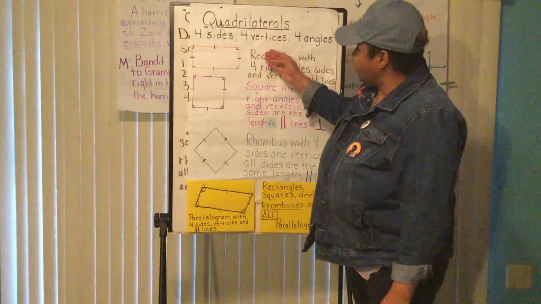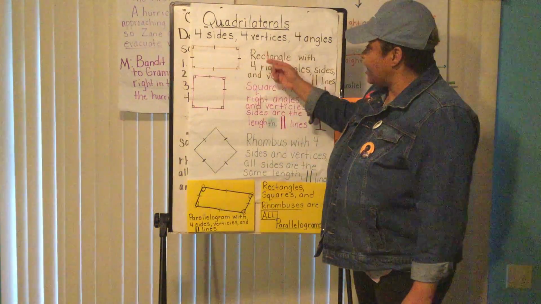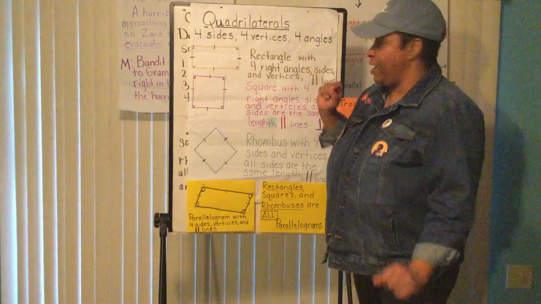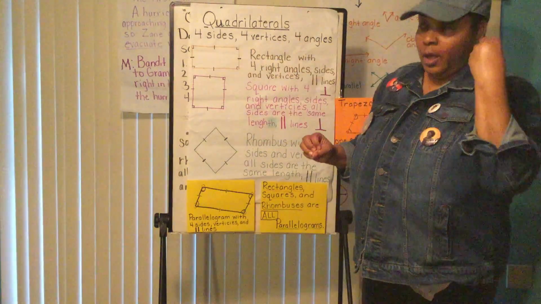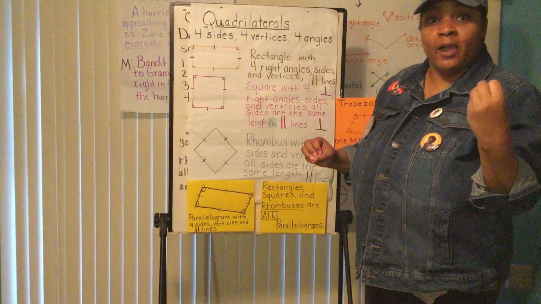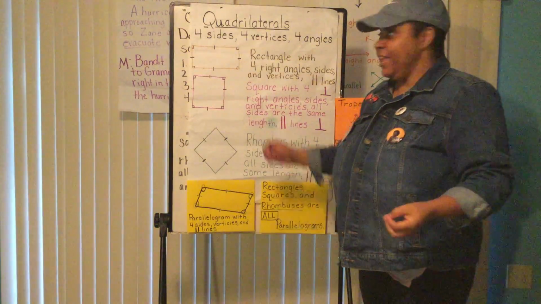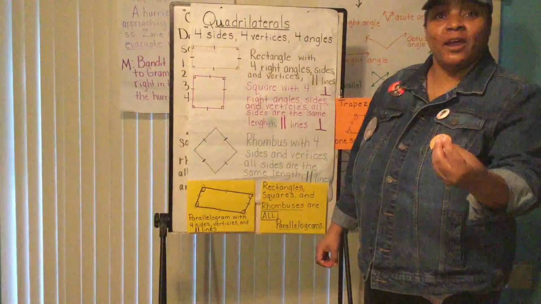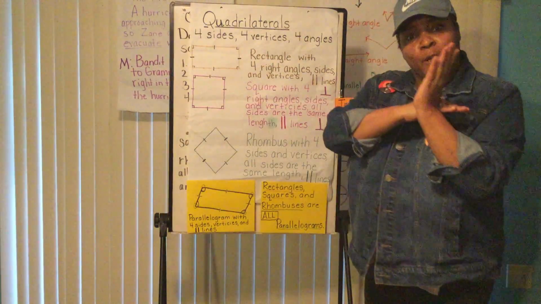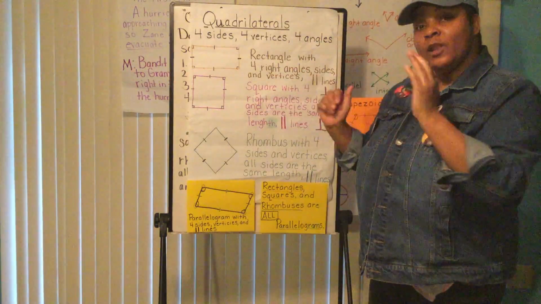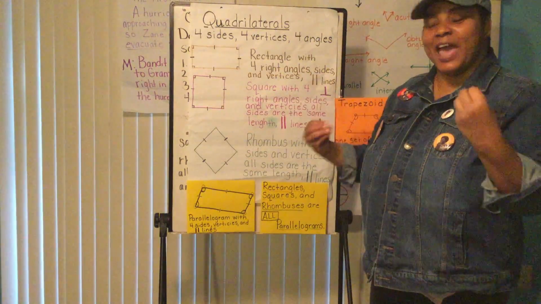So if I wanted to describe these three, I could say rectangle, quadrilateral, and parallelogram. Square, quadrilateral, and a parallelogram. Rhombus. In the family with the square, it is a parallelogram and a quadrilateral. And then I could go on and talk about if it has perpendicular lines or if it's parallel. I could go on to describe it that way.